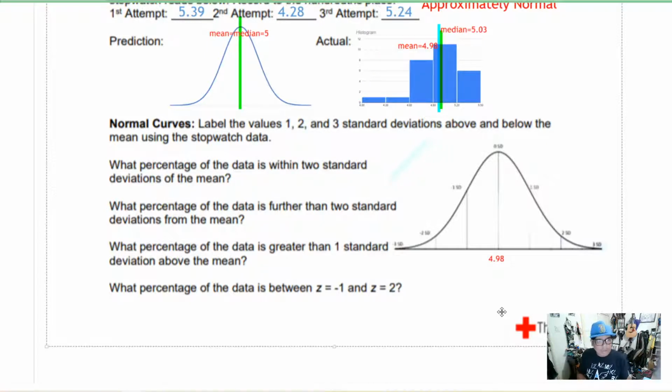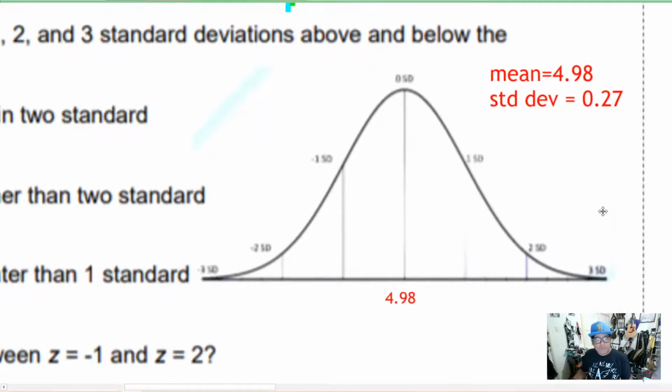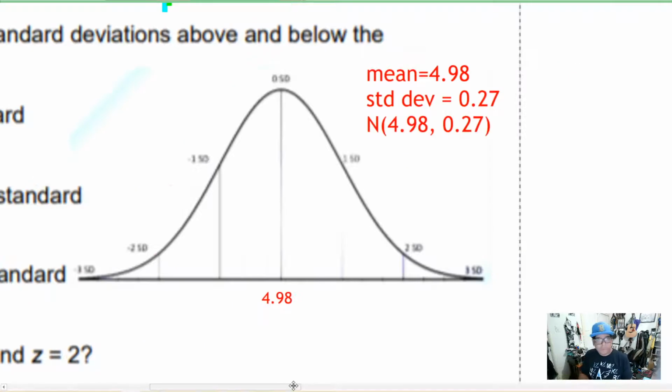And I can tell you, looking at the distribution, that the standard deviation was 0.27. So since we use a normal distribution a lot, we like to abbreviate that with capital N, 4.98, and 0.27.